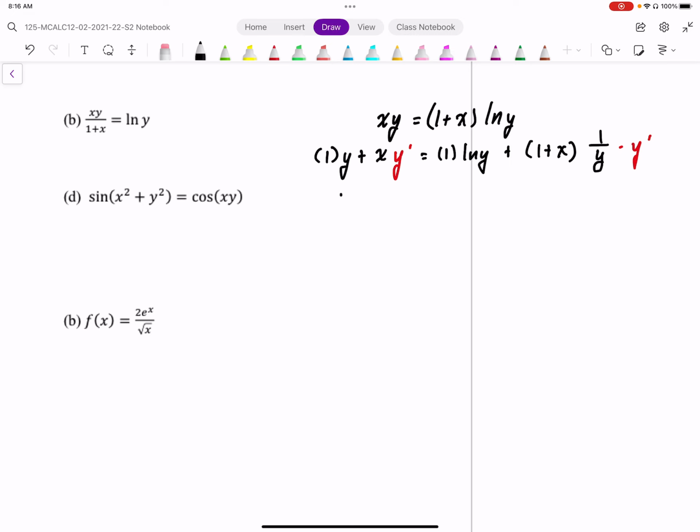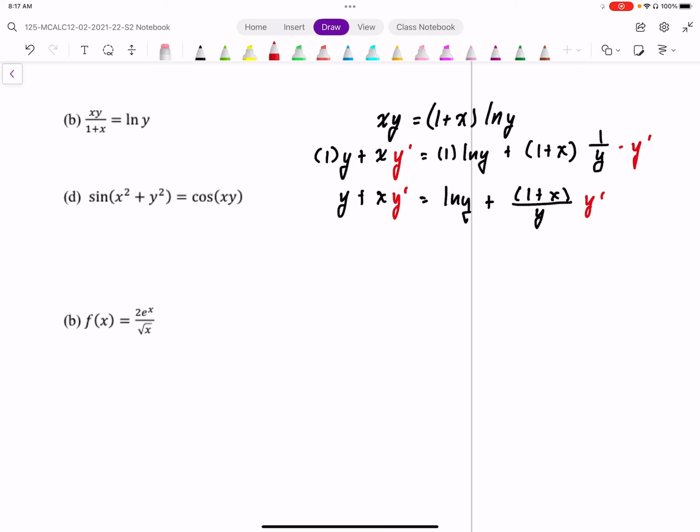So we're going to end up with y plus x y prime, and that's going to be equal to log y plus 1 plus x all over y. And then we're going to multiply that by y prime.